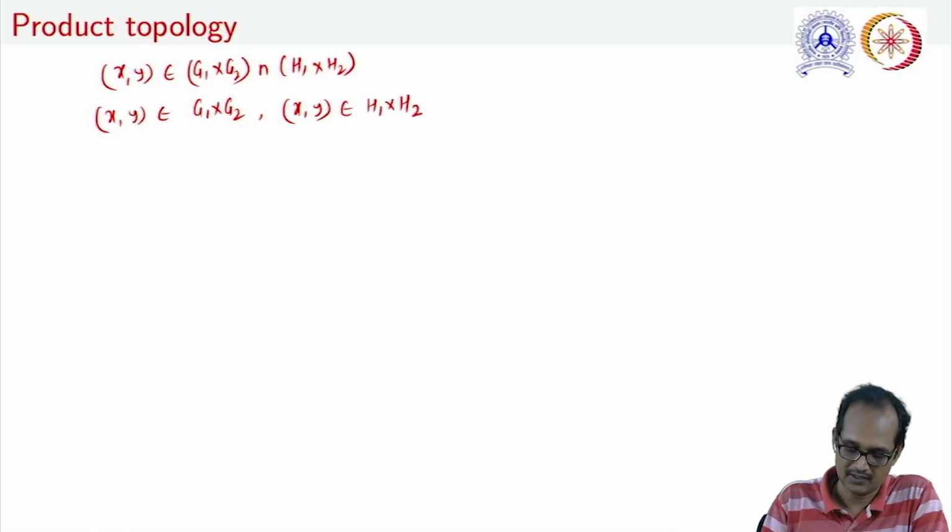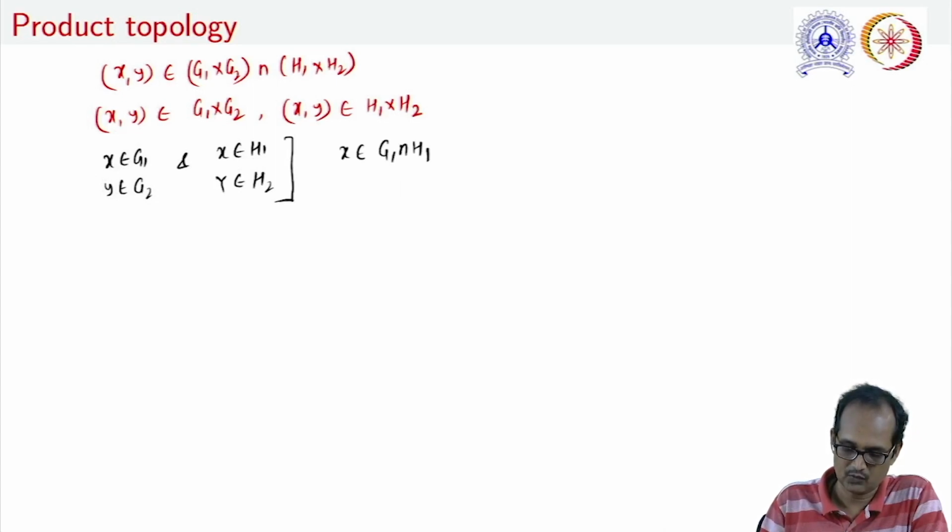Or we can say that x belongs to G1, y belongs to G2, and x belongs to H1 and y belongs to H2. From here we can also conclude that x belongs to G1 intersection H1 and y belongs to G2 intersection H2.